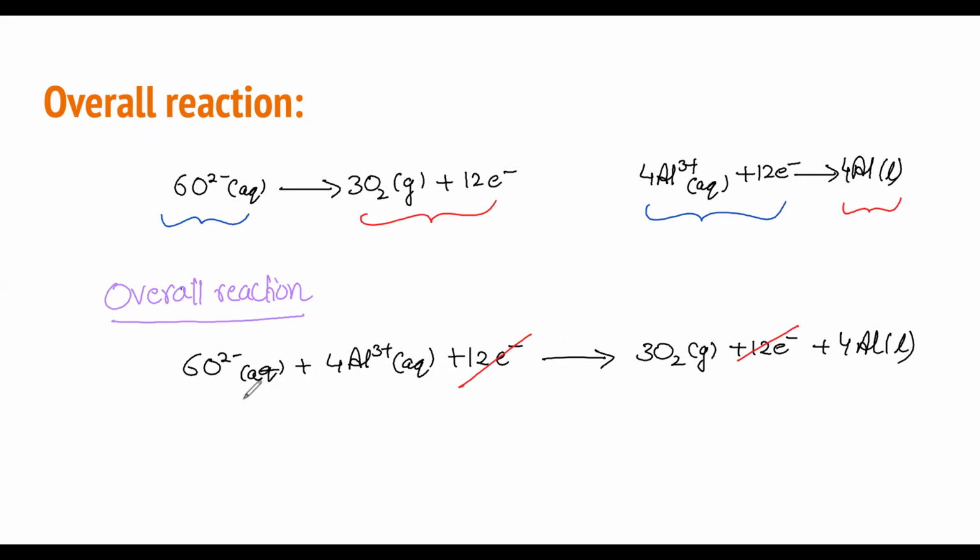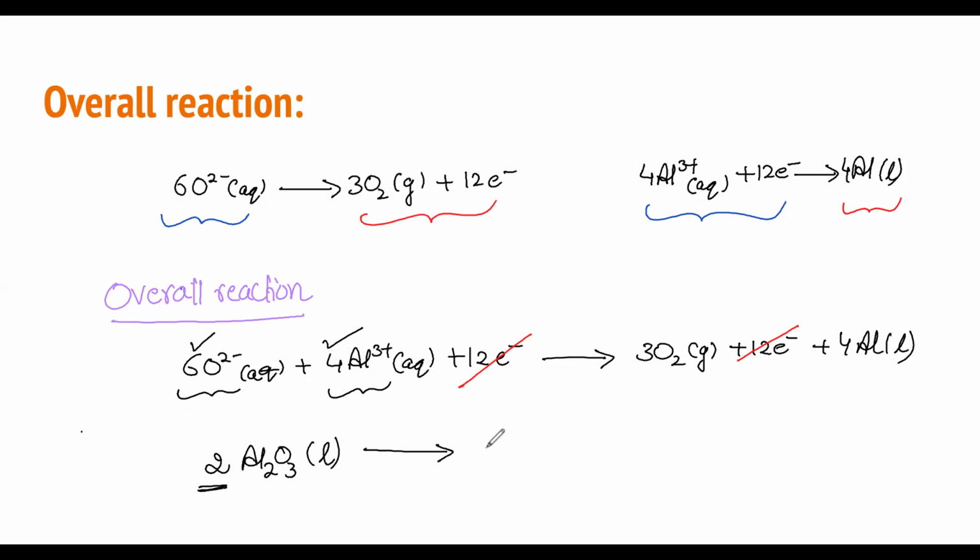The other thing to notice is that we can combine this O2- and Al3+ because they have come out from liquid alumina we had, right? And you see we had 6 oxide ions and 4 Al ions. So I'm writing a 2 here to give 4 aluminium ions and 6 oxide ions.